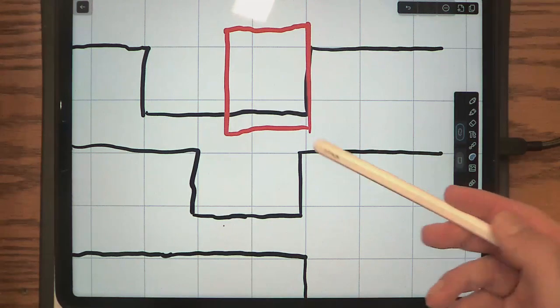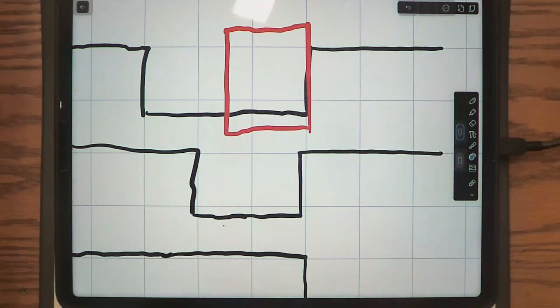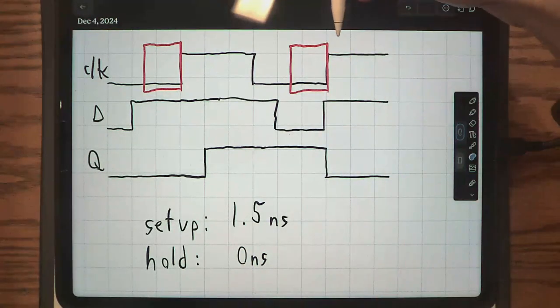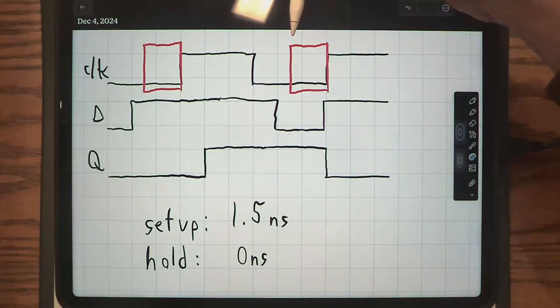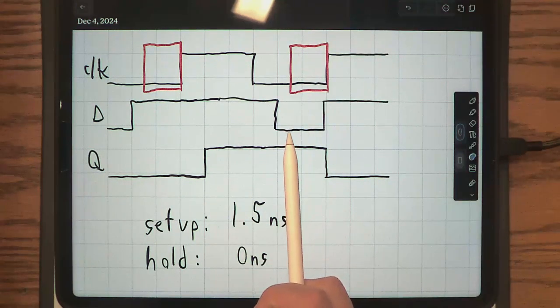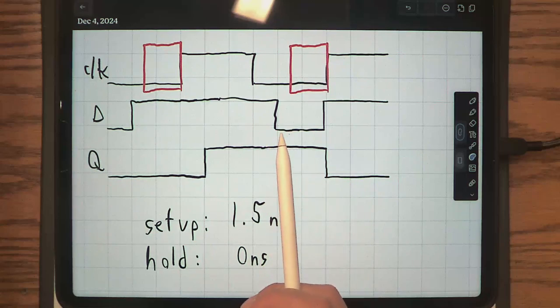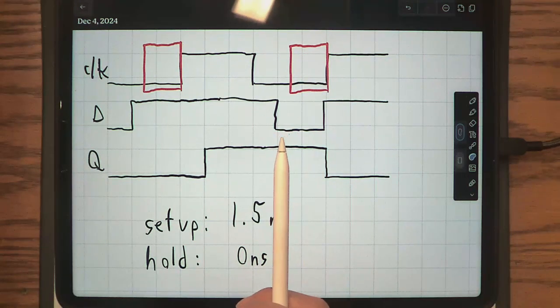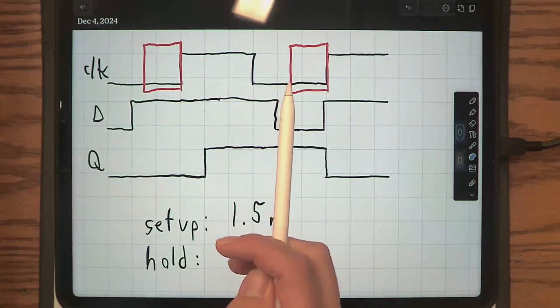So if we look at the setup time, setup time is 1.5 nanoseconds. So that means at 1.5 nanoseconds before the clock edge, was this value what we were expecting? So we were expecting 0, and is it equal to 0? Yes, so therefore this is not a setup violation because it was set up correctly.